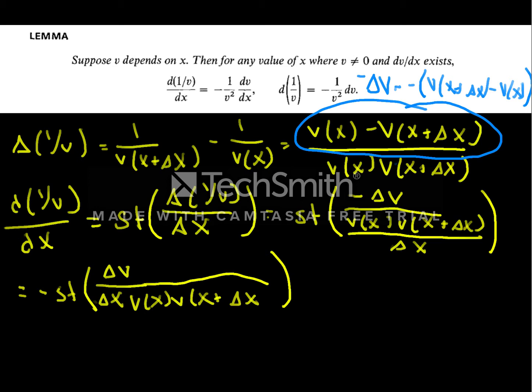And this fraction I can break up as a product. I'm going to look at it as delta v over delta x times 1 over this whole thing.